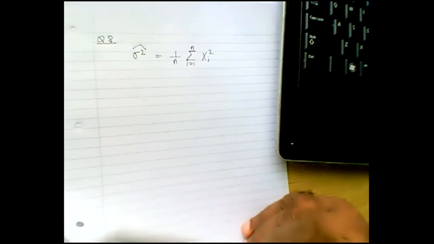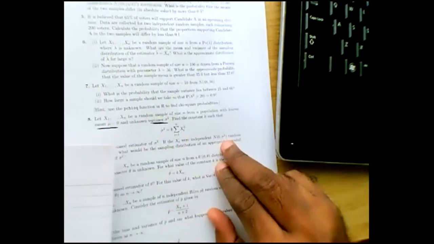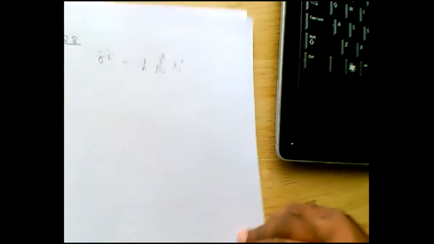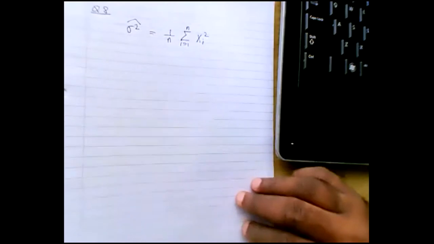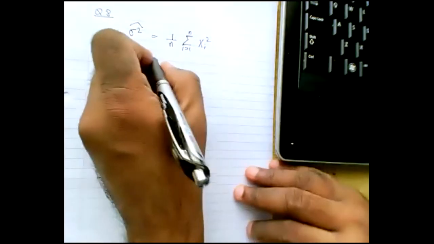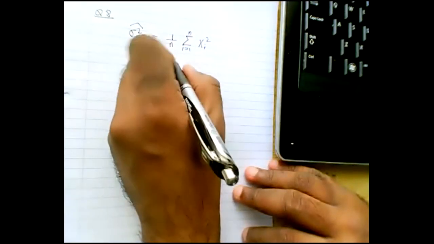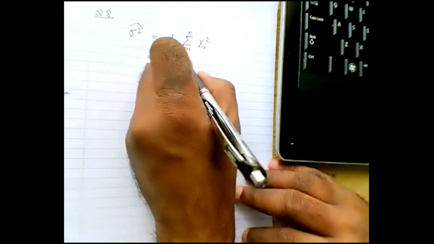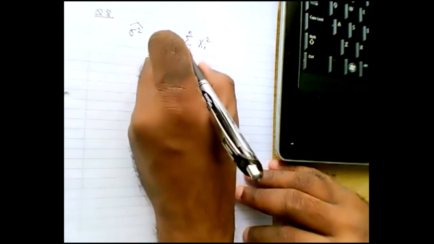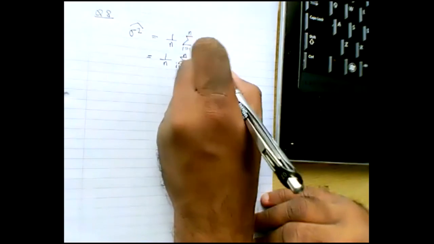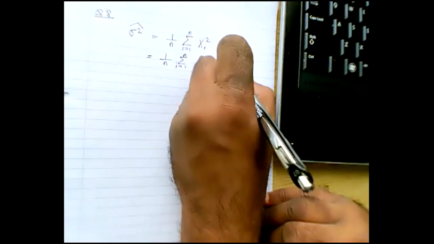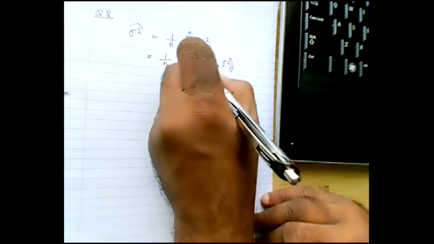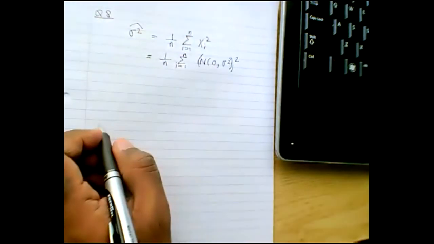Now, in part 2, we are assuming, you should read the question, guys. In part 2, we are assuming that xi are normal with mean 0 and variance sigma squared, right? So I'm going to put that here. So xi, I assume to be normal with mean 0 and variance sigma squared.